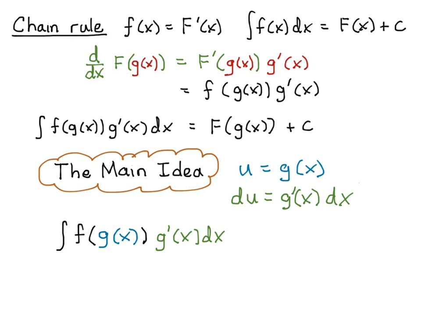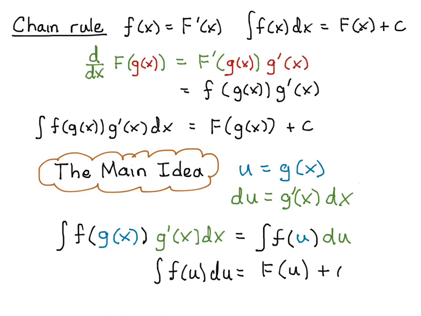So when we see this form, we can say g at x is u, and since g prime at x dx equals du, we can transform this more complicated integral into a simpler integral. And then after that we take our definition of u and apply it back. And so we get essentially this.